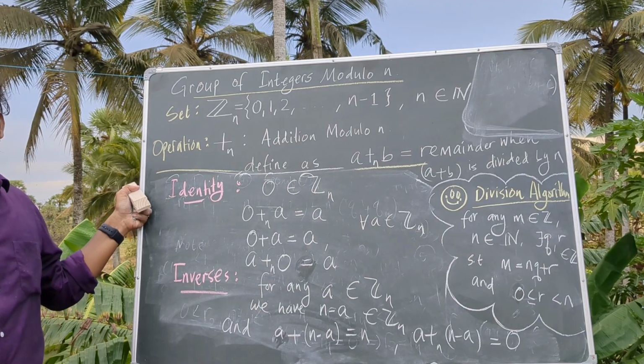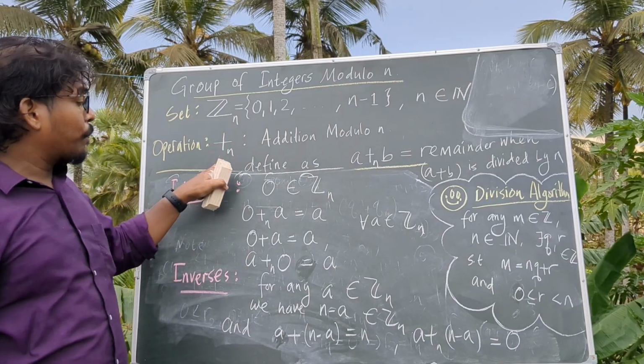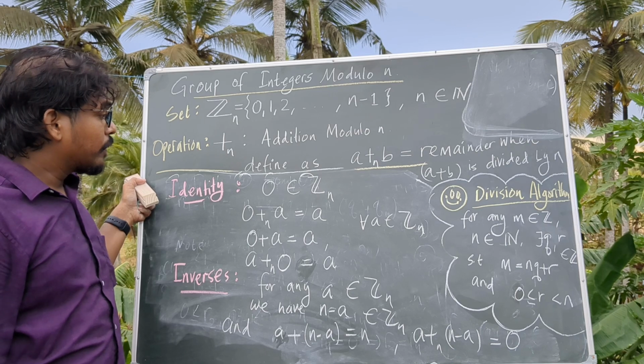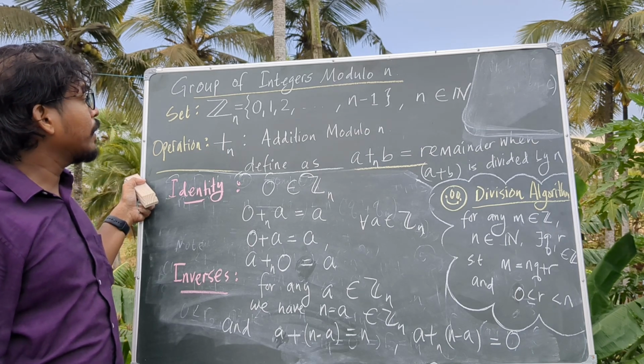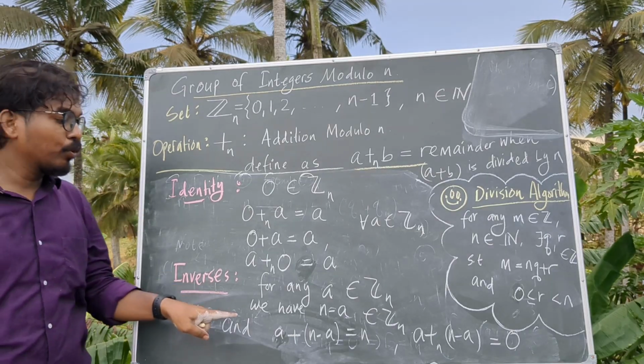And moreover, this set under this operation is also commutative, and this is an abelian group. Let me write it. Pause the video to note.